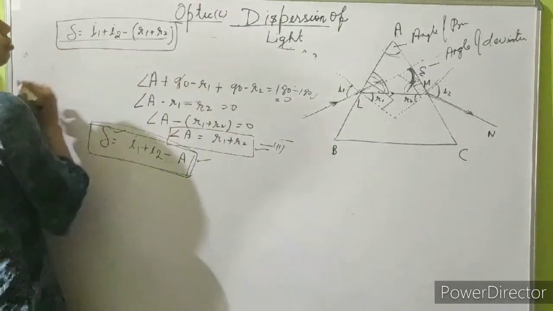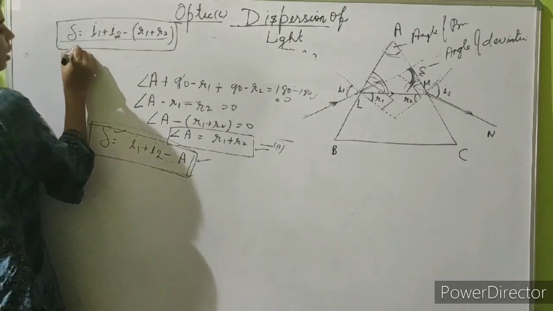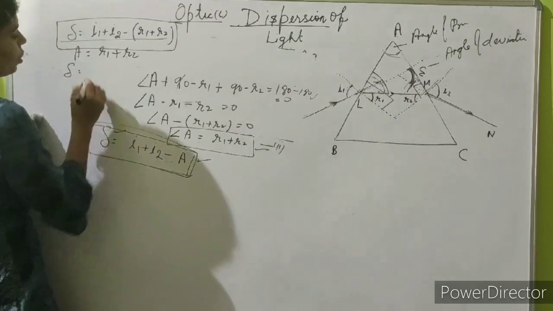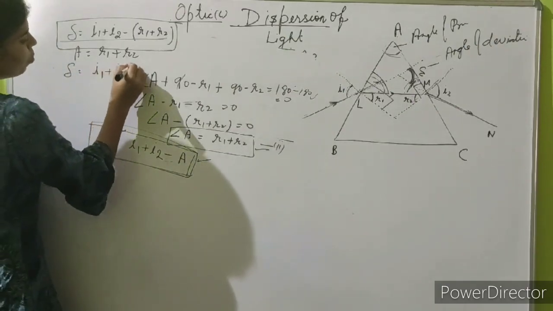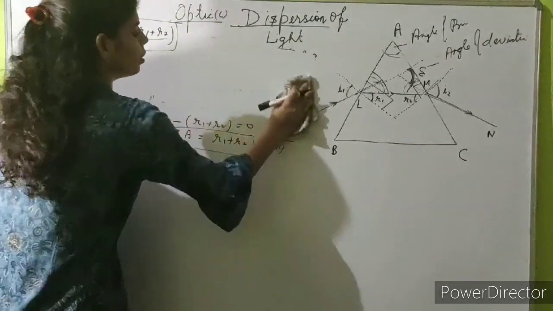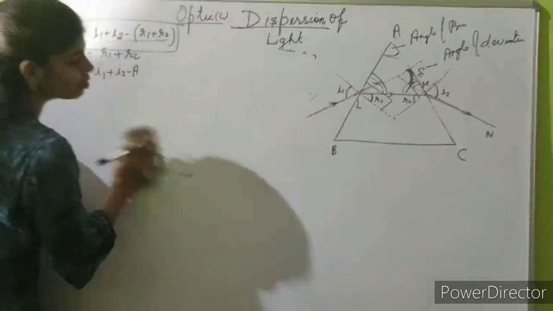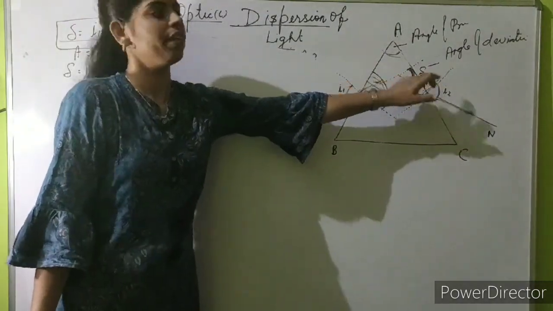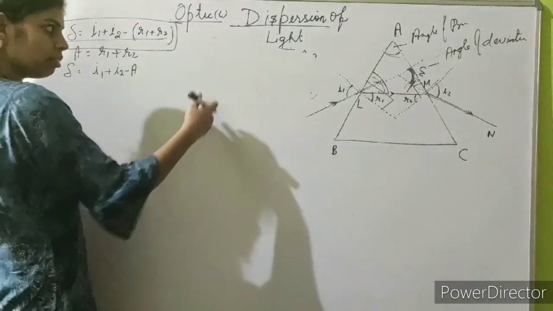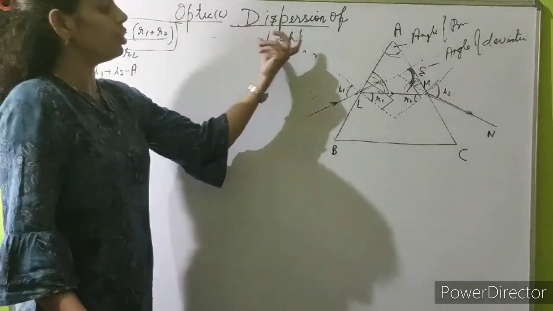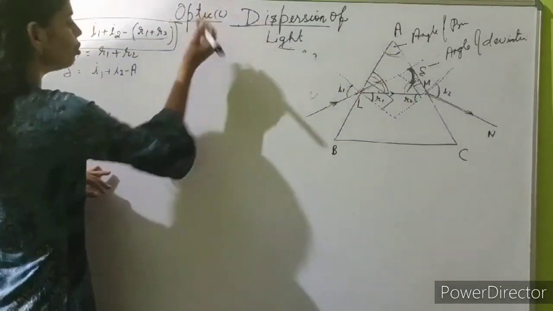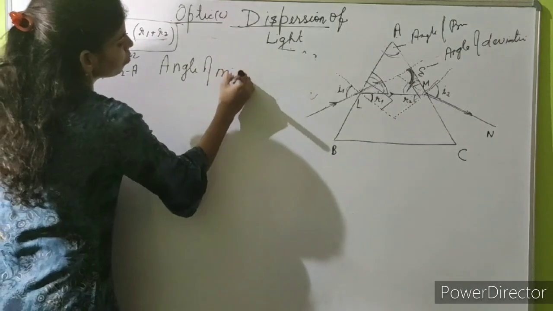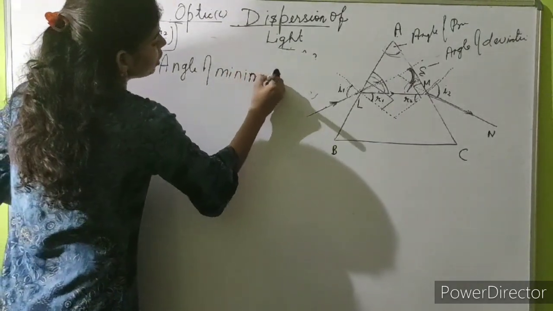So this was the first, and second is A is equal to R1 plus R2, and delta is equal to I1 plus I2 minus A. So these are the three results we will use for the minimum angle of deviation. So next in this derivation, our next part would be the derivation for the angle of minimum deviation.